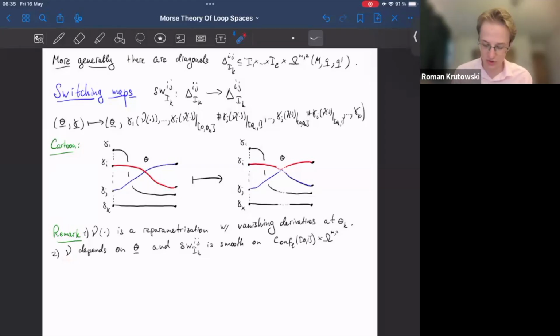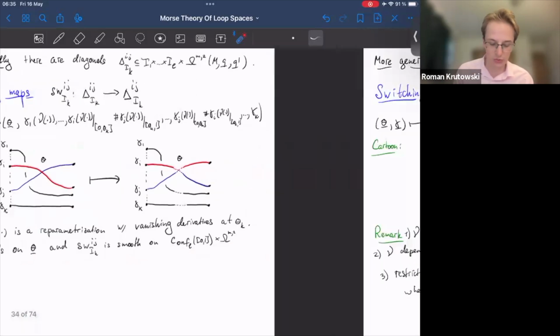This eta should depend on all of these thetas, and you may guarantee it's smooth on the product of configuration space for all of these coordinates with our Omega_m2.